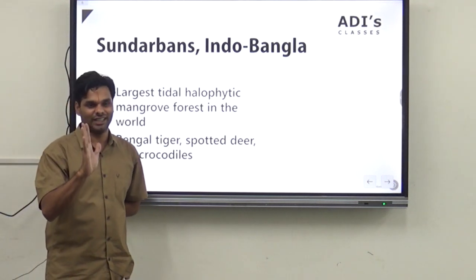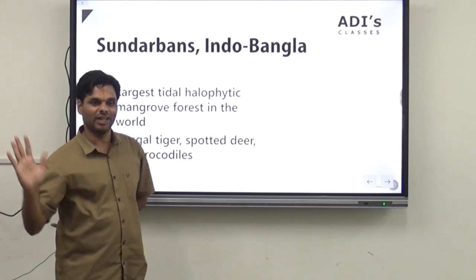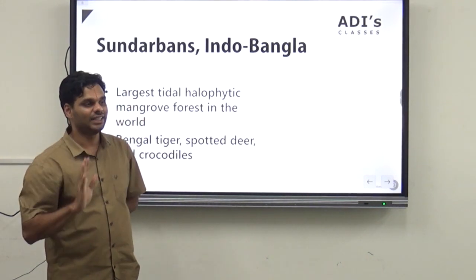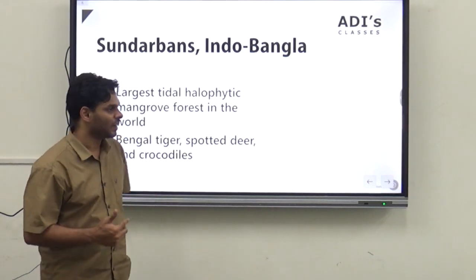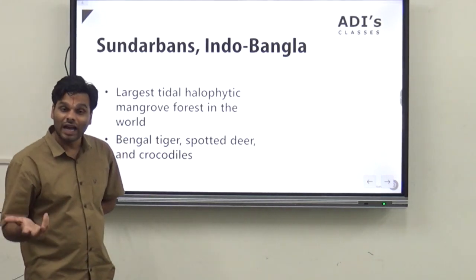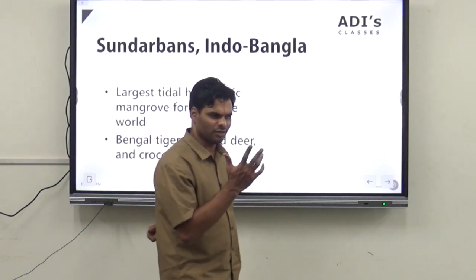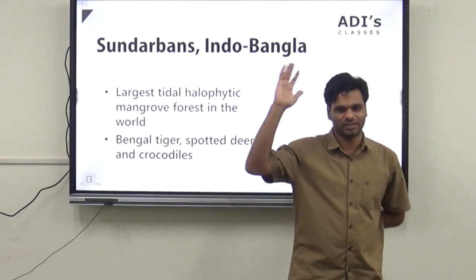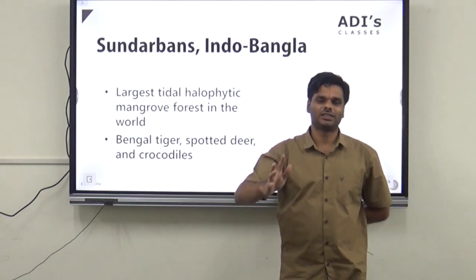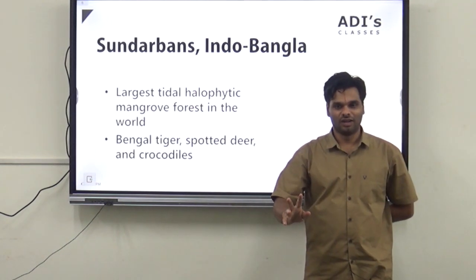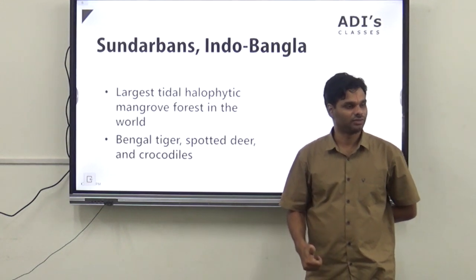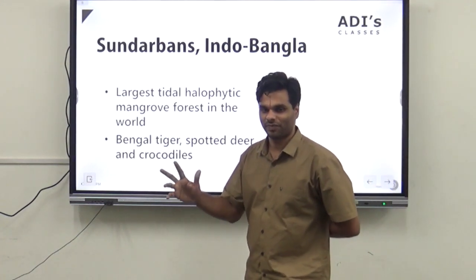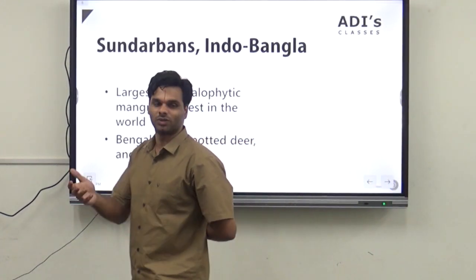So logic says that sea is coming and washing these things, and it is brackish in nature or saline in nature. Okay. So Sundarbans also have mangroves, one of the most diverse regions in the world. Very, very diverse, very, very dangerous. Okay. So it's very difficult to go into Sundarbans and come out alive. Mostly you will not come out alive unless you are with somebody who knows what to do there.